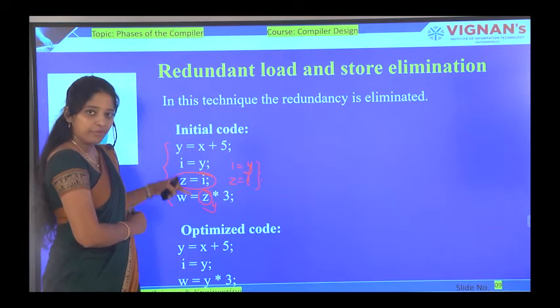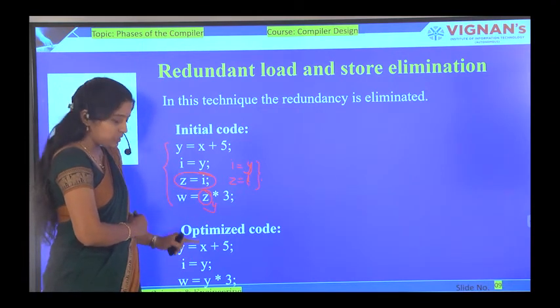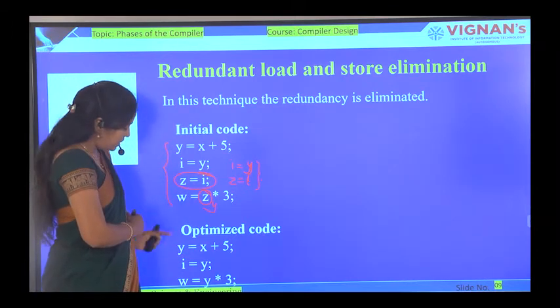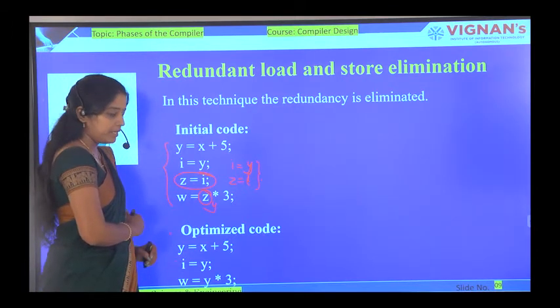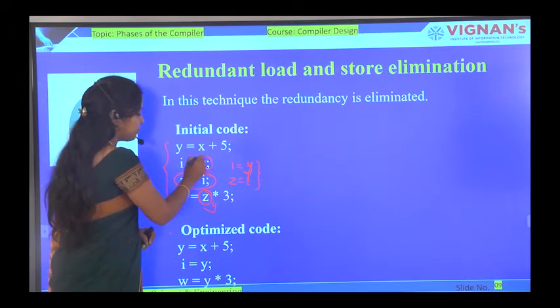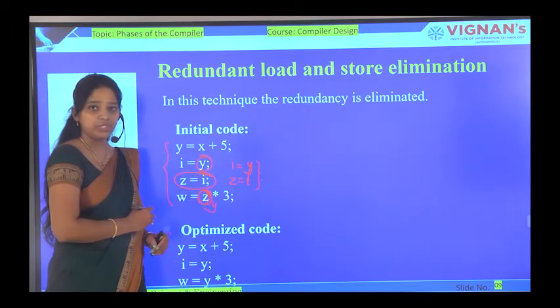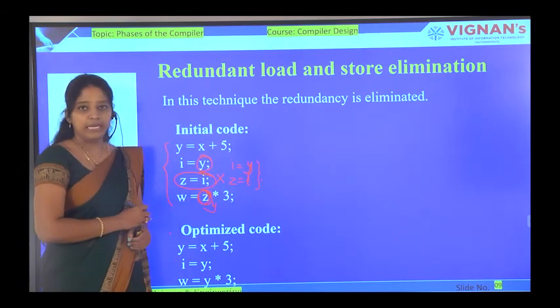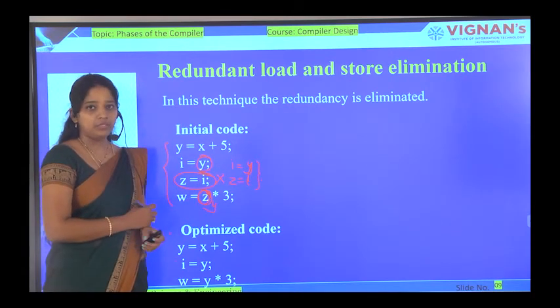This is the code before optimizing. This is the code after optimizing. By eliminating the third statement, this is the code I equals y. Directly I can use this y value in the place of z. So here the duplication is eliminated, deleted from the code.